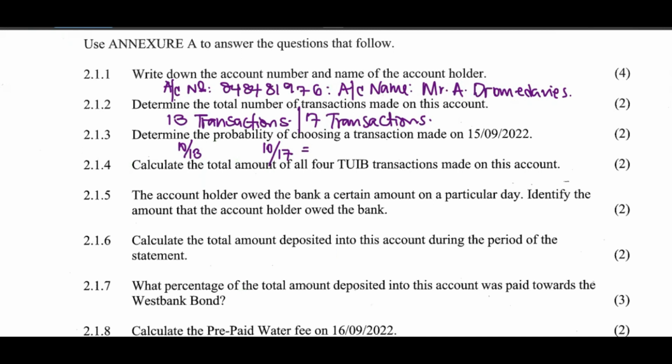So 10 divided by 17, you end up having 0.59. Those ones divided by 13, you have your transaction at 0.77.